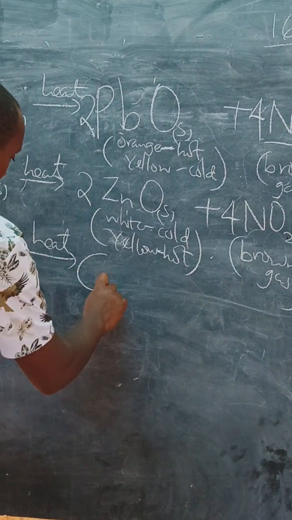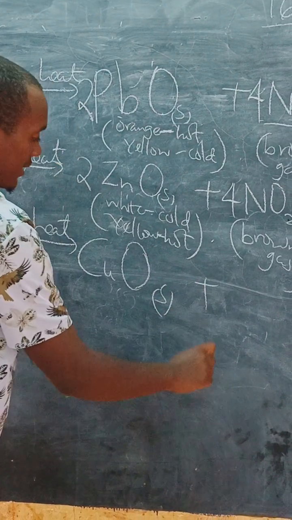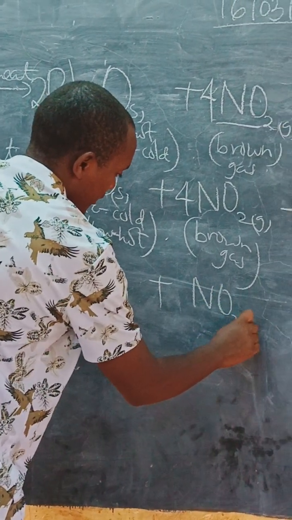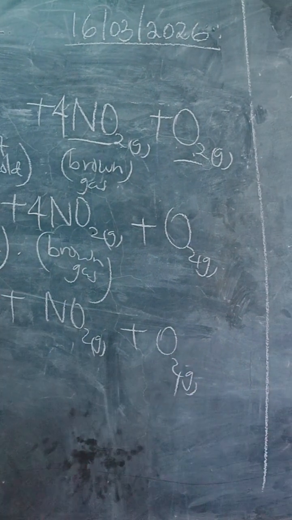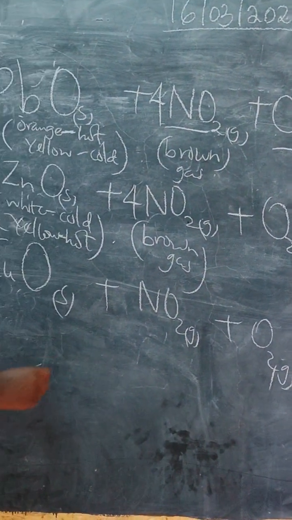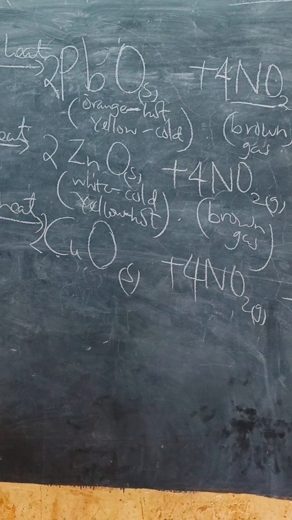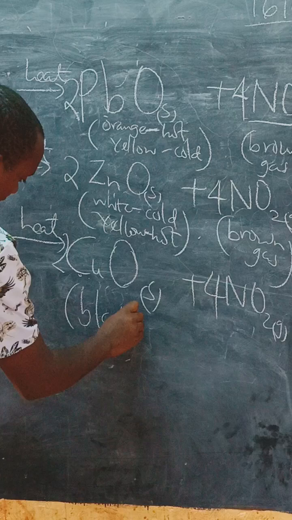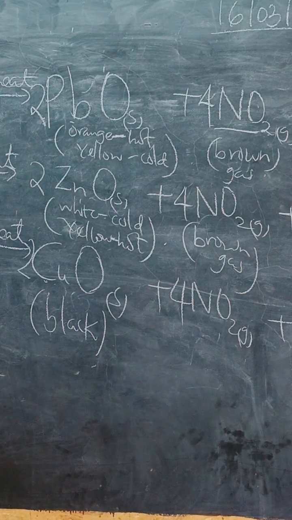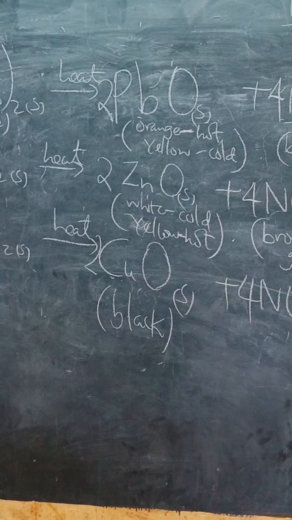And copper nitrate gives you copper(II) oxide plus nitrogen dioxide plus oxygen. Balancing the equation here, I'll put a 4, I'll put a 2. But copper(II) oxide is black. And that is the chemistry of the action of heat on nitrates.